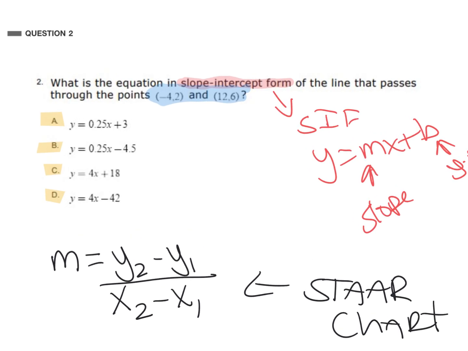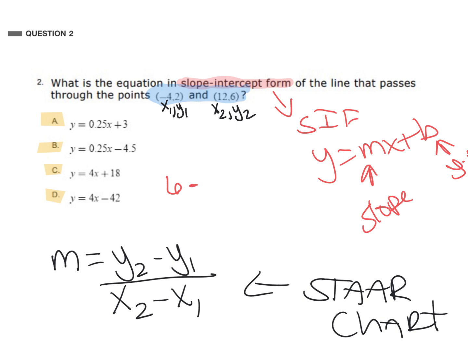Okay? So here I'm going to then label my points. So this is my x1 comma y1, x2 comma y2, and now I'm simply just going to plug it into my formula. So I have my y2, which is my 6, minus my y1, which is my 2, over my x2, which is my 12, minus my x1, which is my negative 4.